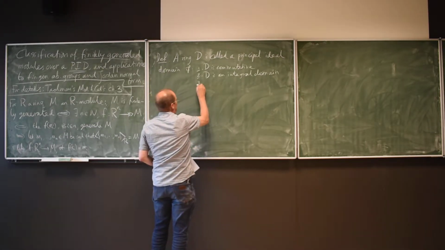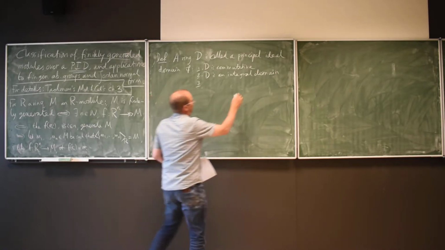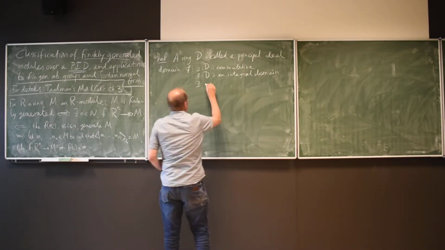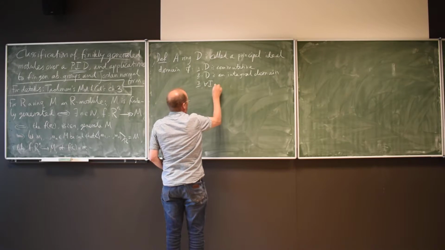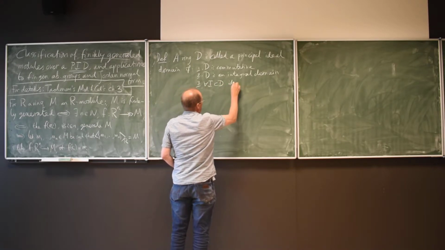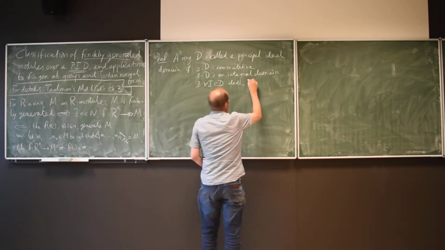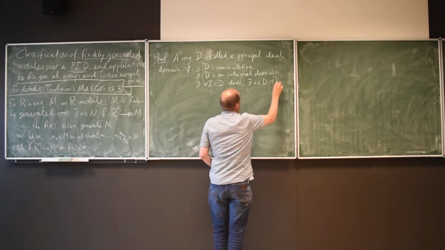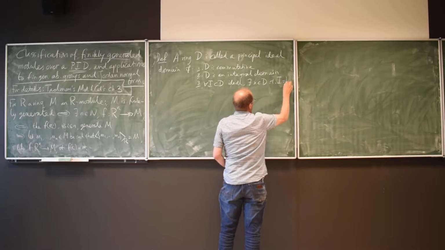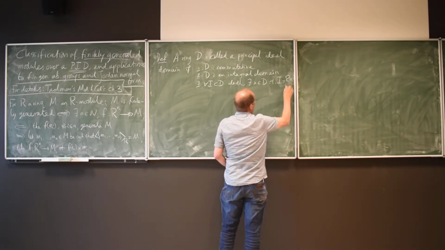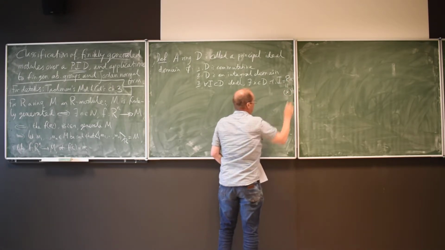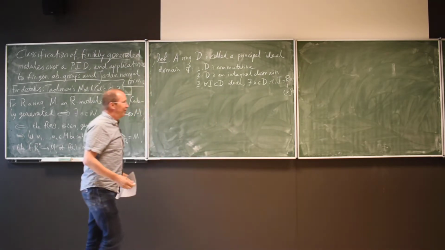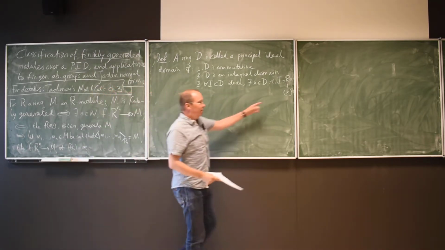And thirdly, that is the principal thing, principal ideal. For every I in D an ideal, there exists an x in D such that I is D times x, and we will also denote this by (x), between parentheses. Right? So every ideal can be generated by one element.